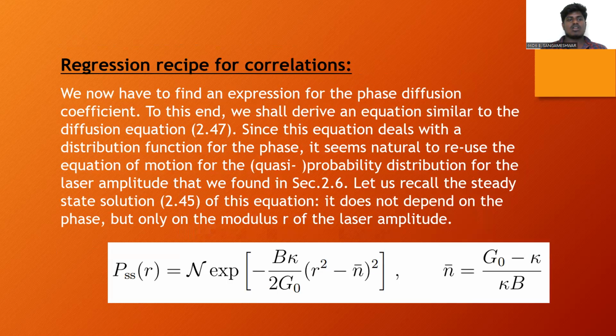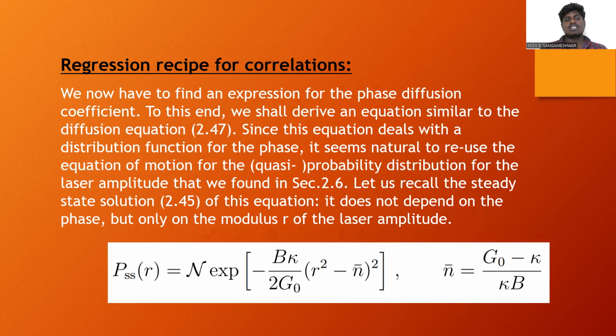Regression recipe for correlations. We now have to find an expression for the phase diffusion coefficient. To this end, we shall derive an equation similar to the diffusion equation of section 2.4.